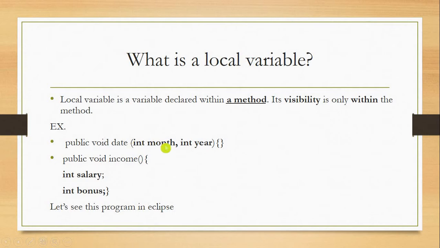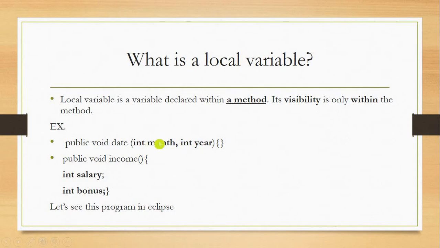Month and year are local variables that are declared within a method. They are also called parameters. We will have a detailed discussion about parameters and methods in our subsequent session. So for now, just focus on the meaning of local variables.